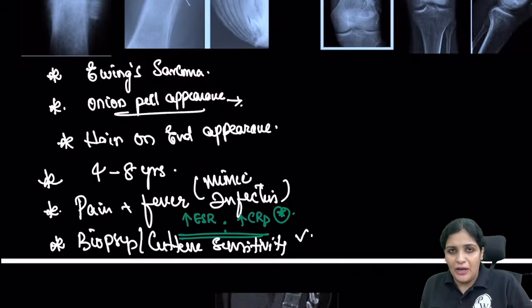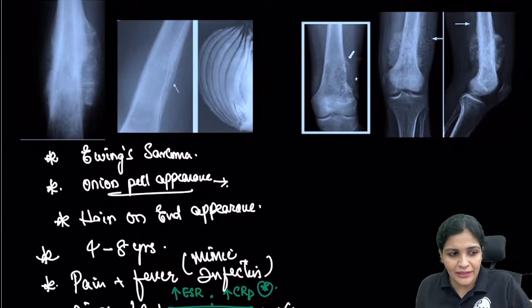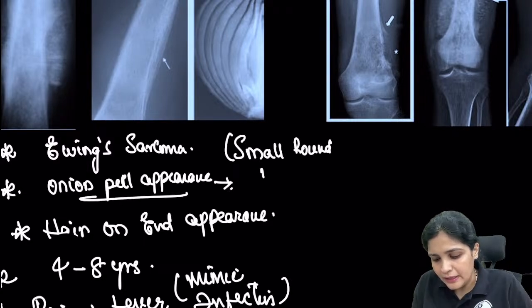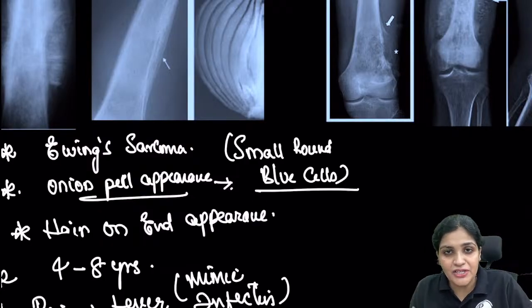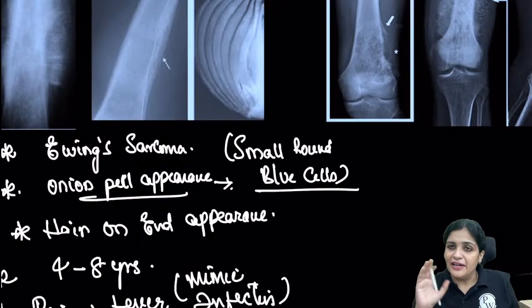So what do you see on the biopsy? Once you want to confirm it as Ewing sarcoma, what do you see? Small, round, blue cells, right? Everything is blue in color and very small, and this is a very peculiar feature for Ewing sarcoma.